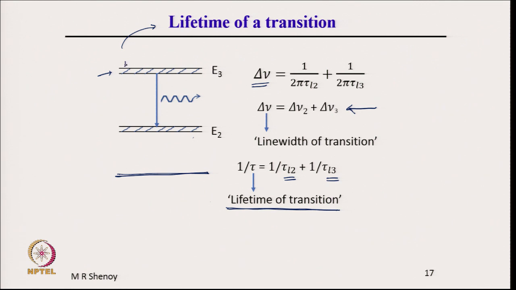Delta nu 3 is the spread associated here, delta nu 2 is the spread associated here, and therefore, please see an atom sitting here can come down to the top, this will give the smallest energy difference, and an atom sitting near the top coming down to the bottom here will give the largest energy spread, and therefore, the total spread will be delta E is equal to delta E3 plus delta E2, or equivalently delta nu is equal to delta nu 2 plus delta nu 3, and this is called lifetime of the transition.